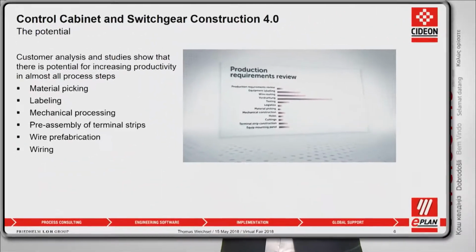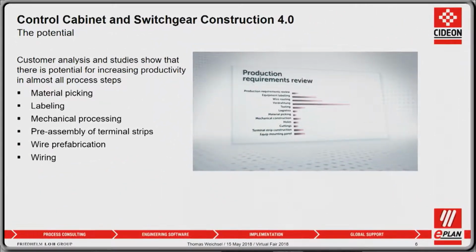In material picking, because of incomplete bills of materials. In labeling, because of missing or, in many cases, wrong information, depending on copy and paste concepts in the electrical engineering. We're talking about mechanical processing, where people use paper-based drawings to realize a layout and to program the drilling and milling machine for the next process step.